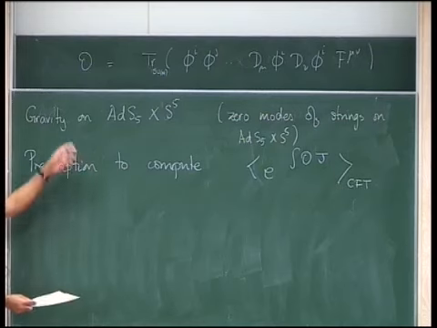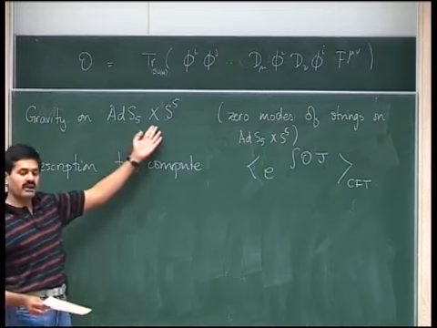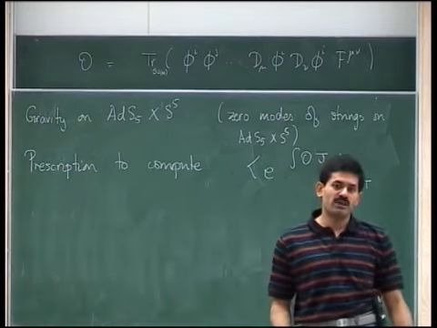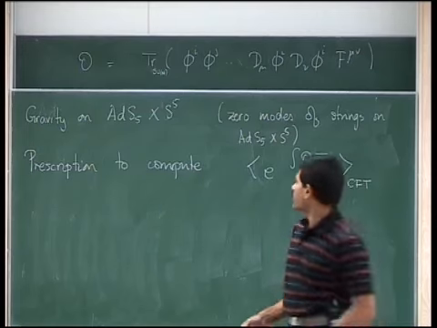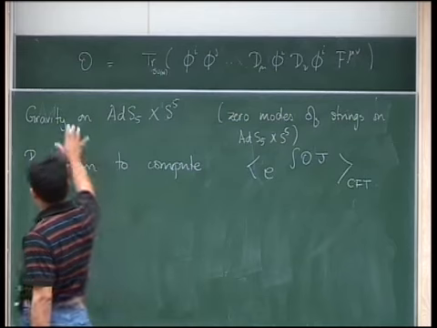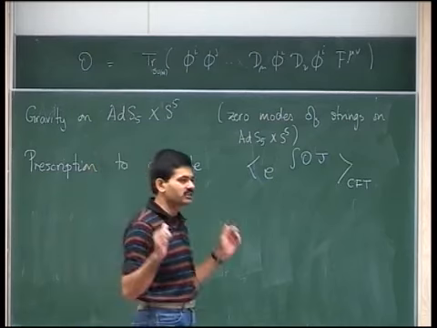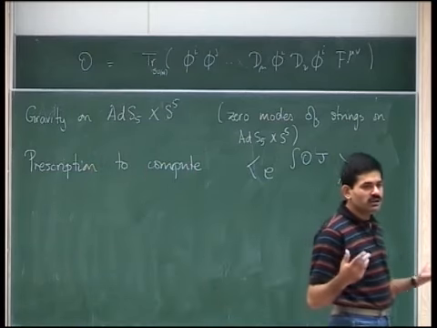So since I'm doing gravity on AdS5 cross S5, I can do the following. S5 is a compact manifold. So I can expand my fields, the gravitational modes on AdS5 cross S5, in terms of eigenfunctions of S5 and do a mode decomposition.